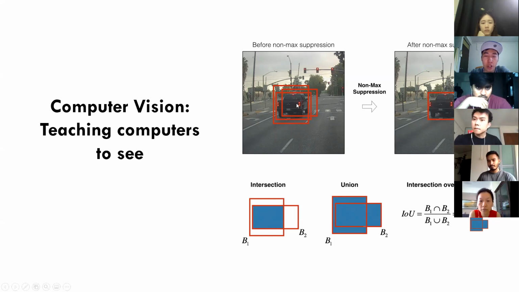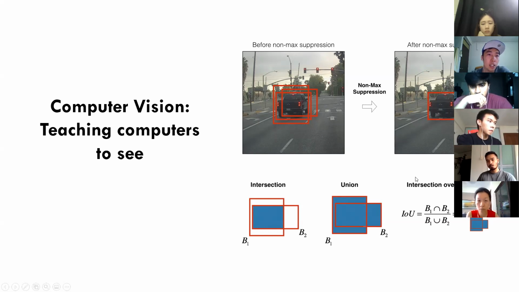The lorry is in the center of the frame. After this non-max suppression, you get only 1 rectangle. So you're reducing the 3 rectangles to just 1. And how do you do that? We do that using a technique called intersection over union, IOU.